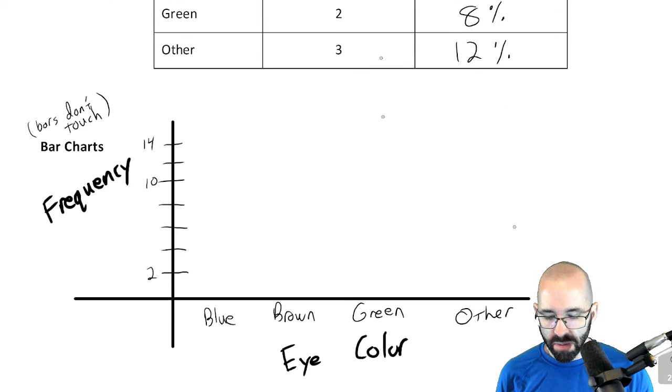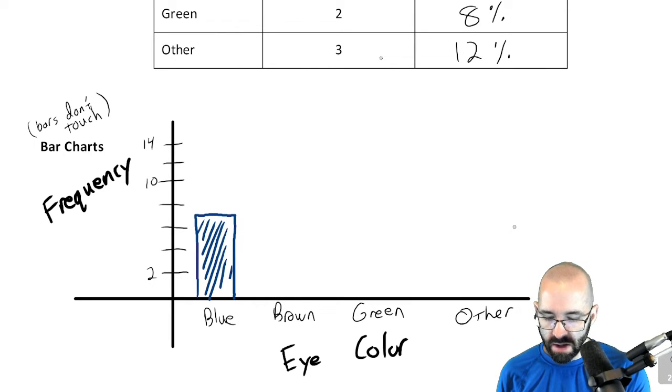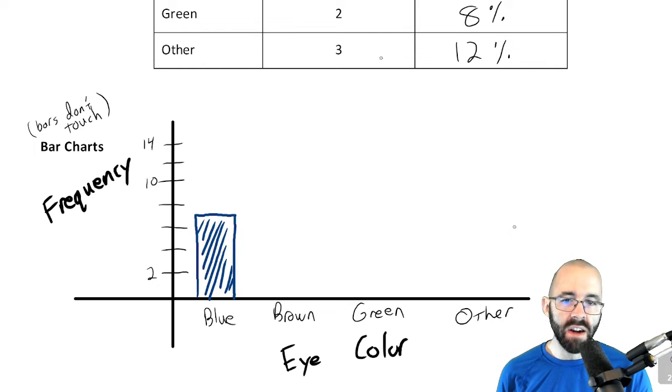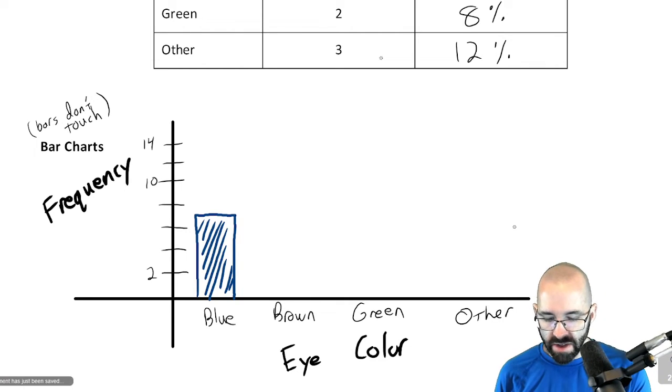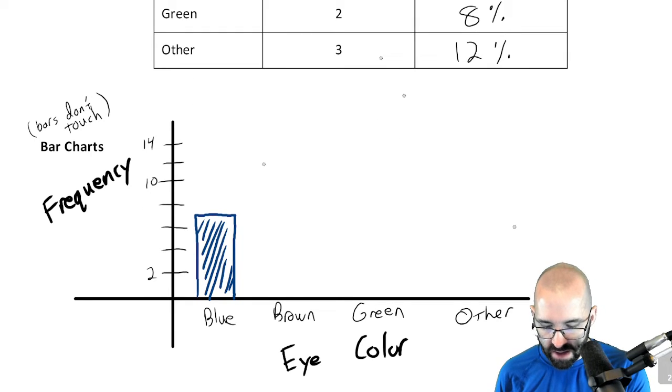So there are 7 people with blue eyes. So we'll draw a bar up to 7, just like so. And that's not going to touch the next bar. The next bar is brown. There were 13 people with brown eyes. That's going to be up to this line right here. Oh, that's 12. Just kidding. Between these 2 lines.